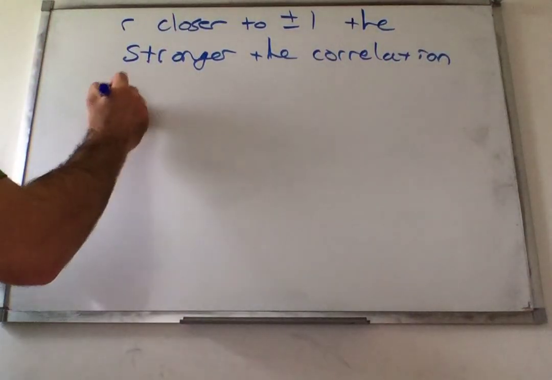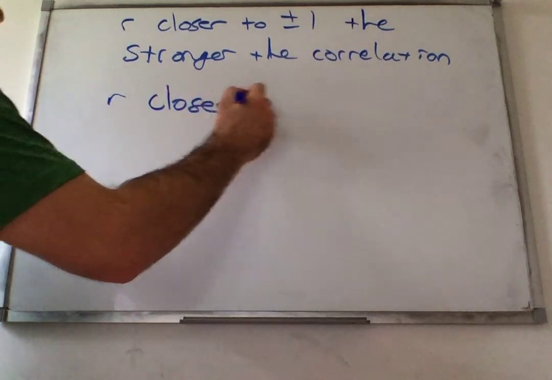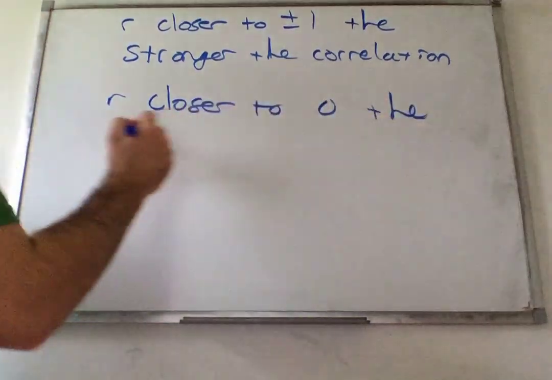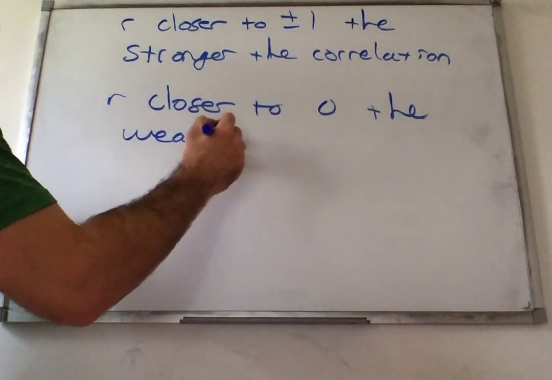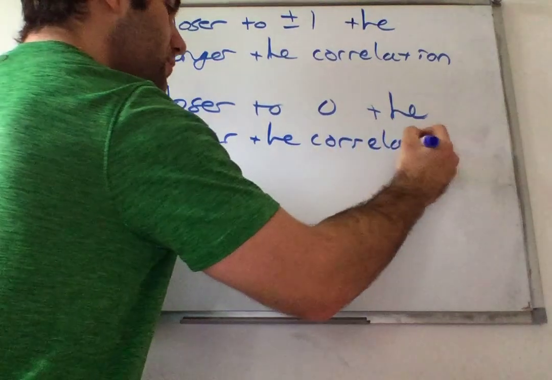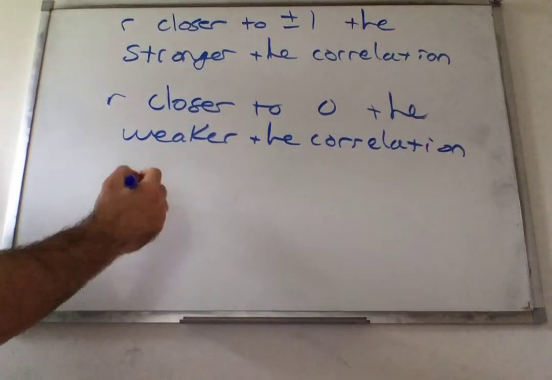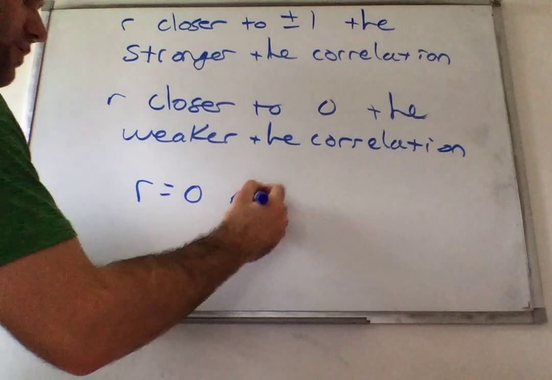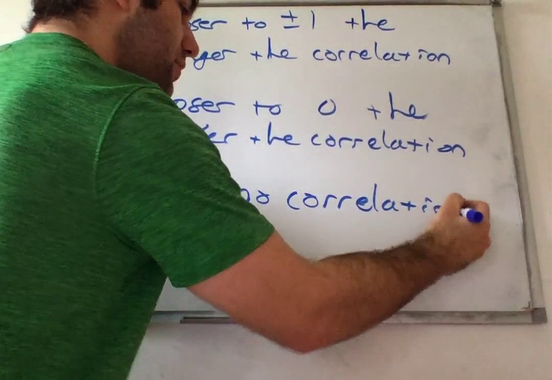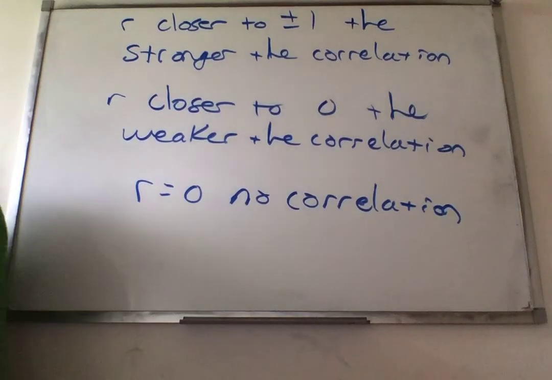The closer R is to 0, the weaker the correlation. And then R equals 0, no correlation. So those are just the properties of R.